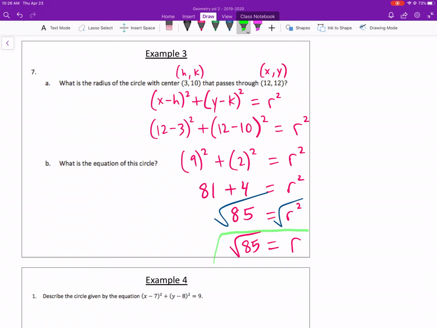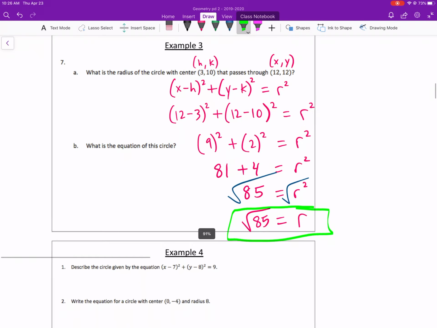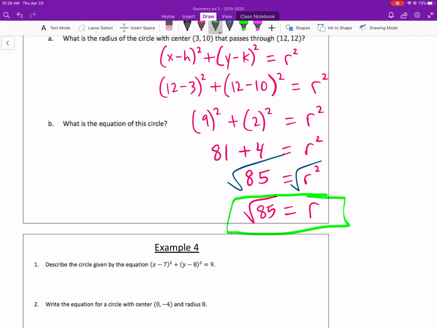So that's your radius. Now part B is asking for the equation. So that's where we would say it's x minus, because it could be any x, y value on the circle. It doesn't have to be the point that they gave us, (12, 12). We substitute h, so it'll be x minus 3 squared plus y minus 10 squared is equal to radical 85 squared.